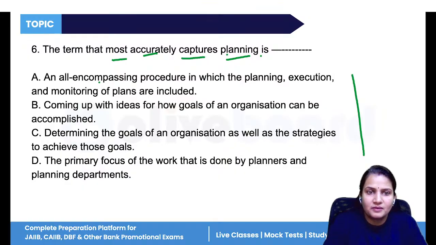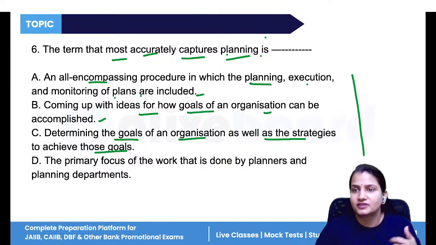An all-encompassing procedure in which planning, execution, monitoring of plans are included, coming up with ideas for how goals of an organization can be accomplished, determining the goals of an organization as well as strategies to achieve those goals. See, planning means what? Planning means deciding in advance what to do, how to do, when to do, who will do a particular task.